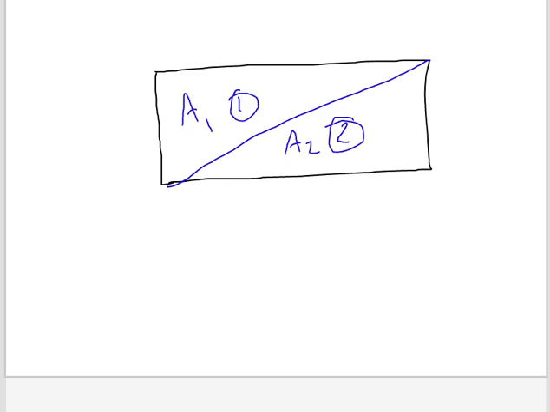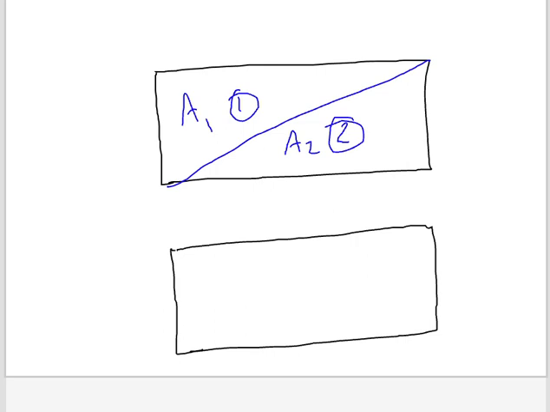Other examples. For example, this is a rectangle. I can give you many partitions for it. This is a partition into two parts, A1 and A2.